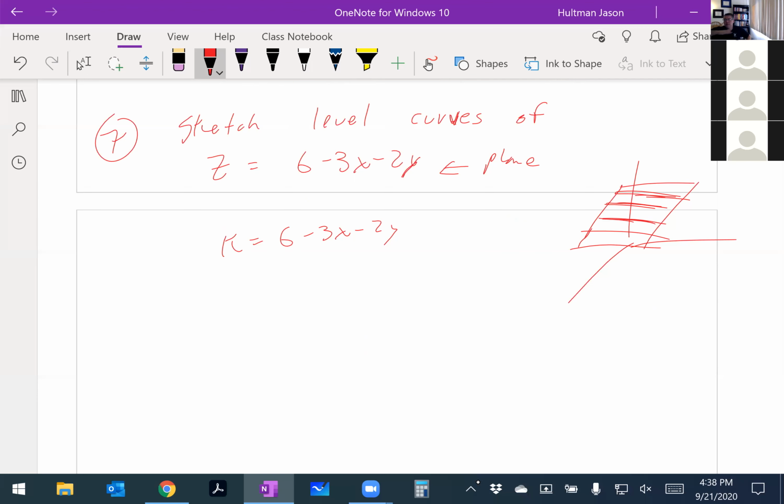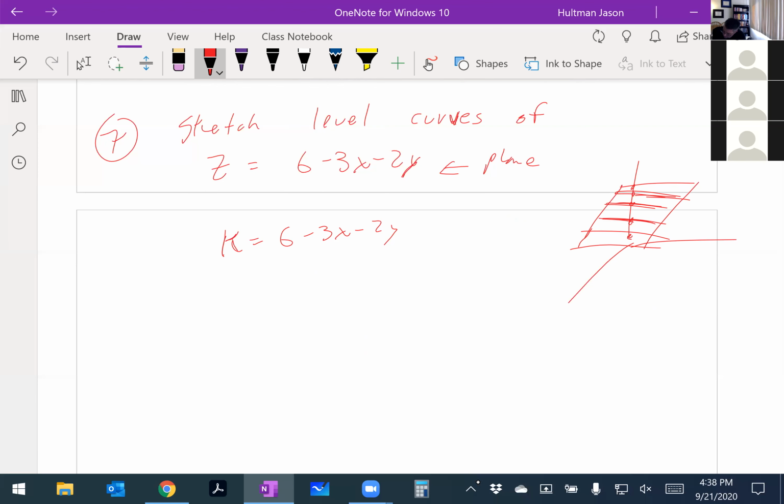If I'm slicing horizontally, as z changes to different values, then what are the slices through those planes horizontal to the xy plane? Well, those slices, those traces, are just lines. Hopefully that makes sense.